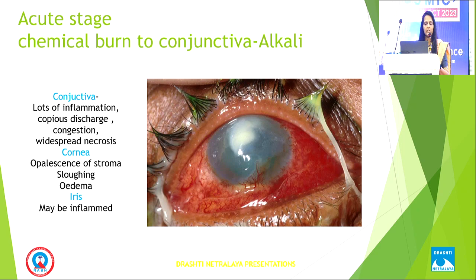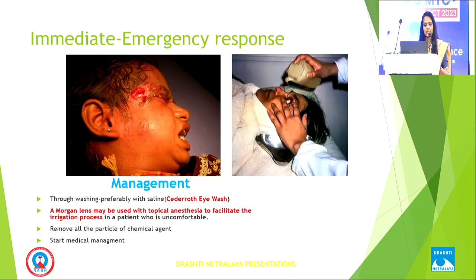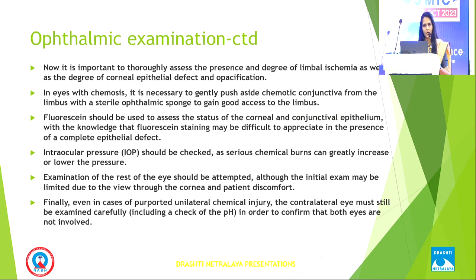Whenever there is a conjunctival burn, lots of inflammation and copious discharge will be there. Congestion and widespread necrosis of the cornea also can be seen. So you need to take care of this as an emergency response in an ophthalmic examination. You have to pour lots of saline eye wash, or sometimes we have to use a Morgan lens to support pouring the material, and we can do a simple fluorescein examination and swipe up the fornix.